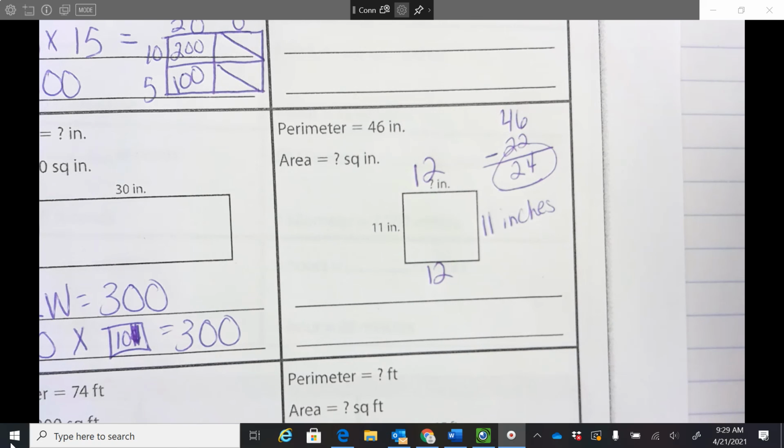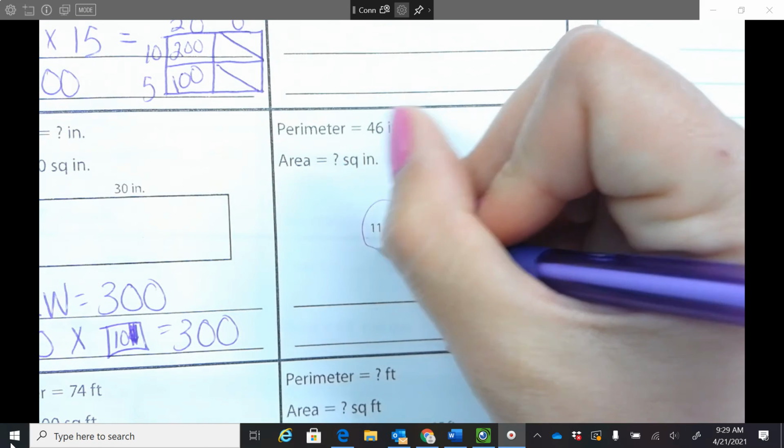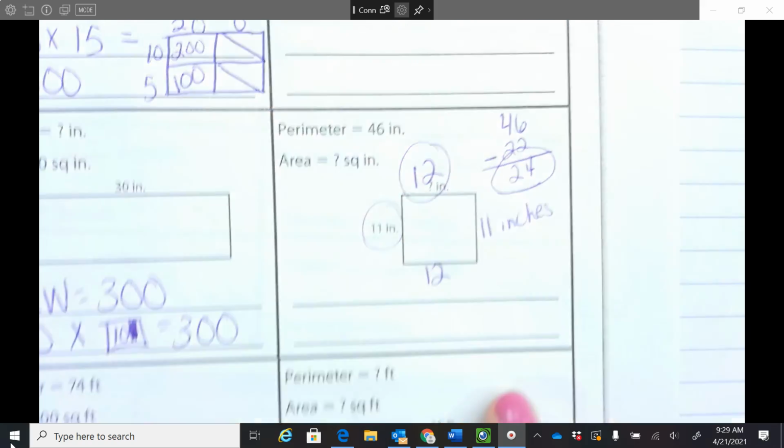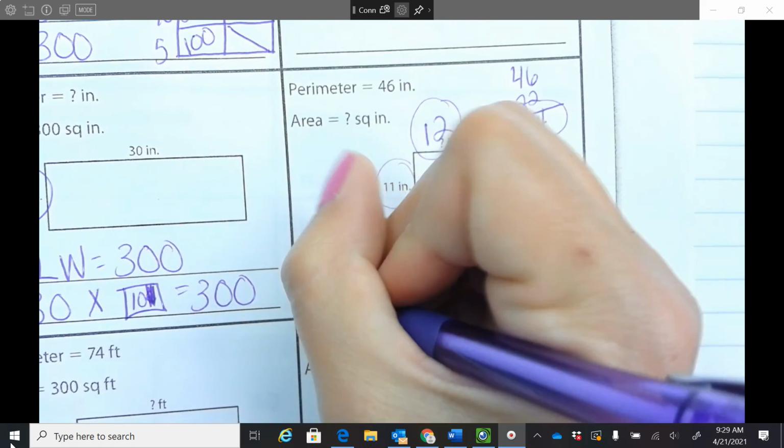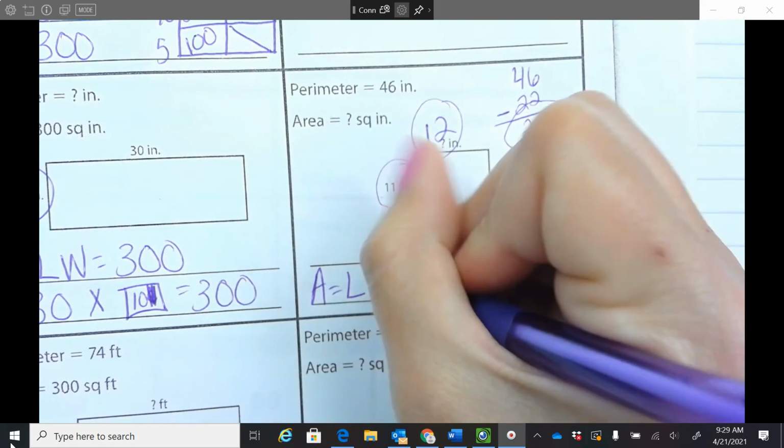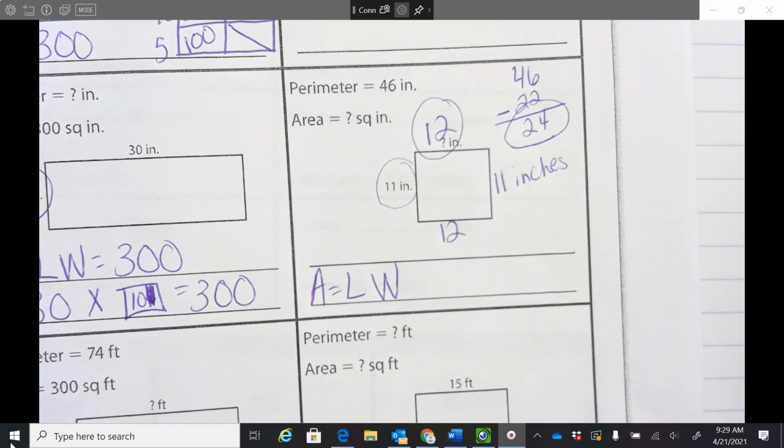So now that we found this is 11 and this is 12, we can plug in those numbers for area to find length times width. Okay? I'm not going to do that with you. You guys can do that part, but I just wanted to work the backwards with you, okay?